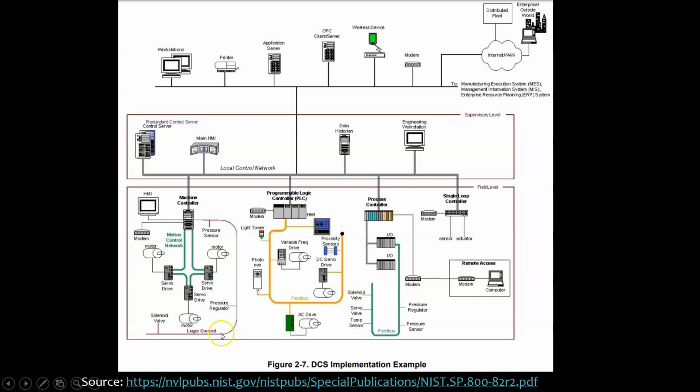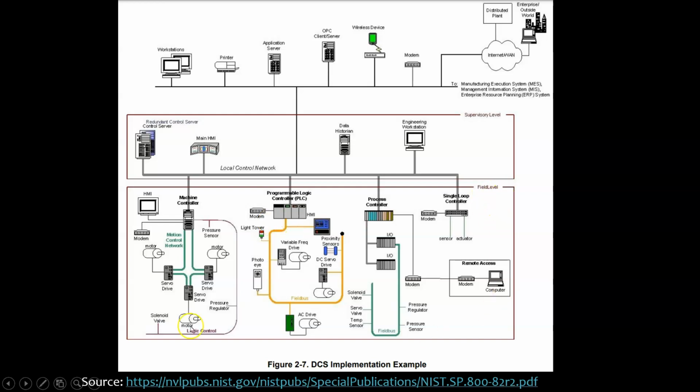So for example, if you have an oil refinery or a wastewater plant or something like this, you have some sensors, some actuators, some valves that are doing the work, and these sensors, these motors, this hardware are managed by some controllers in the field called programmable logic controllers, PLCs.